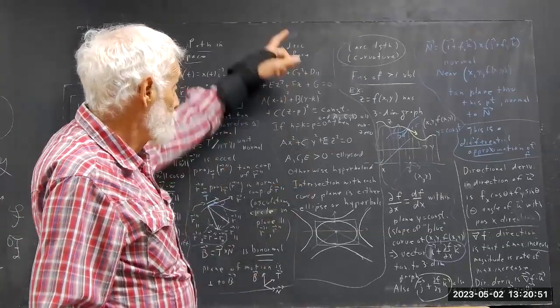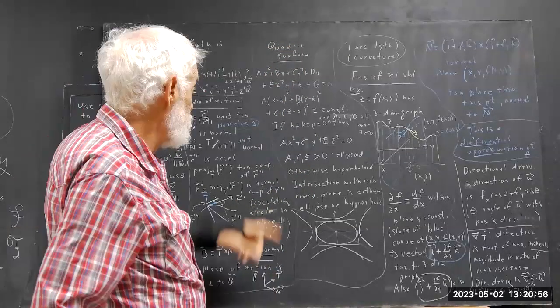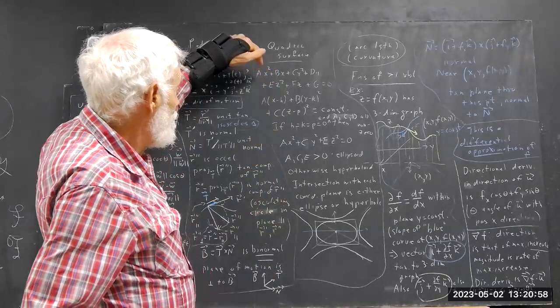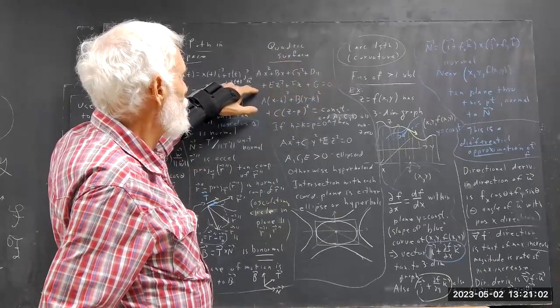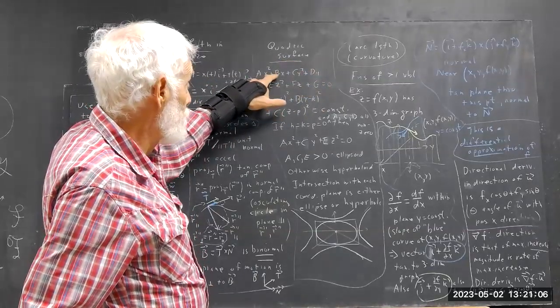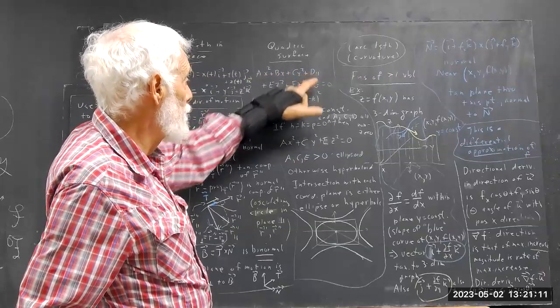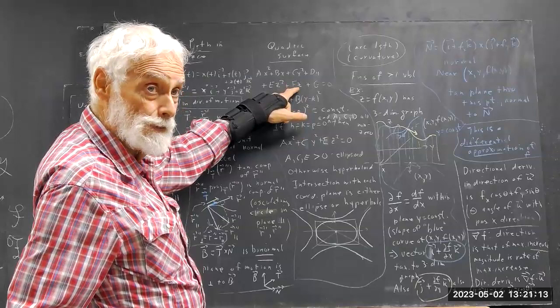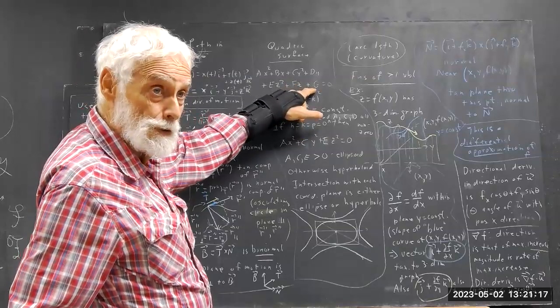Okay. Quadratic surfaces. Here's a quadratic formula. It's ax squared plus bx, and cy squared plus dy, and ez squared plus fz, and then plus some constant.